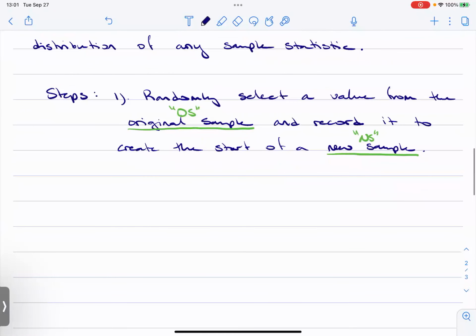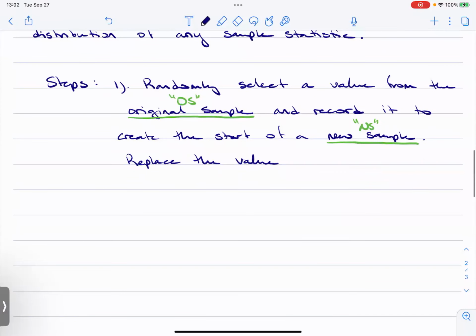So then you're going to replace the value into the original sample OS. So we're drawing with replacement.